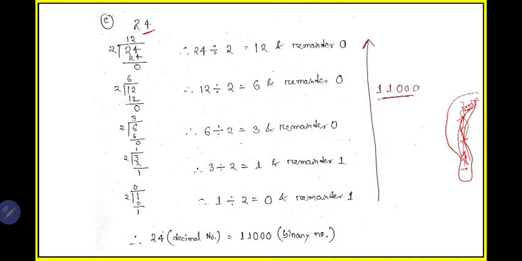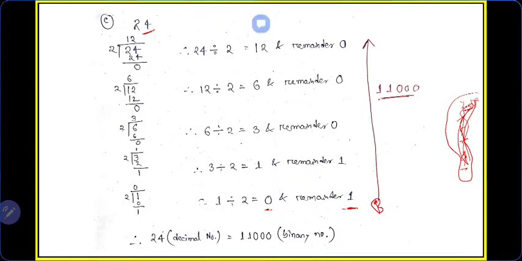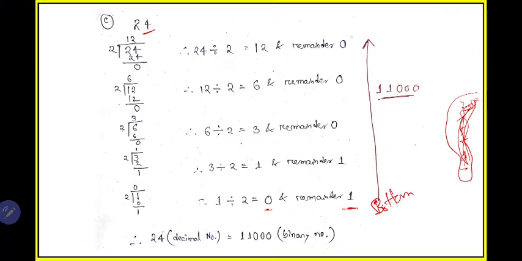First rule is divide again and again by 2 until you get 0 in this place. The second rule is write the remainders on the right side. The third is start reading from bottom to top, remember this.